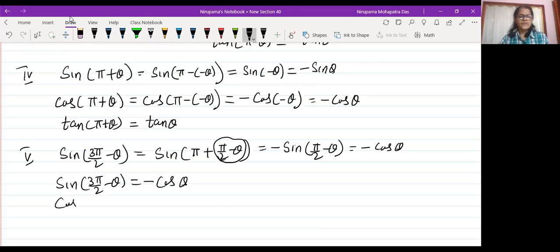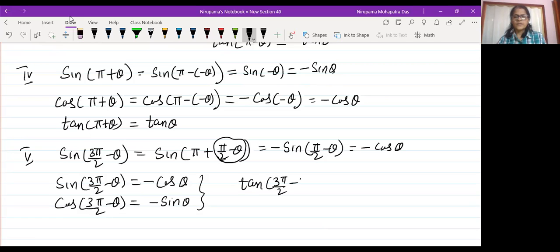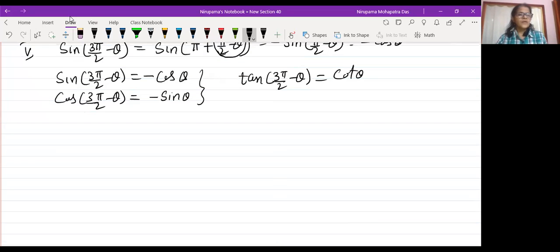Similarly, cos(3pi/2 - theta) will be minus sin theta. After getting these two, tan(3pi/2 - theta) will be cot theta. Now, from these sets of formulas, what can you conclude here? We are in the fourth quadrant.